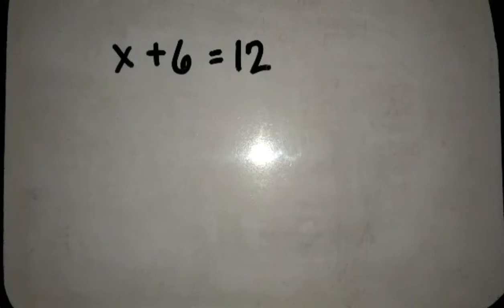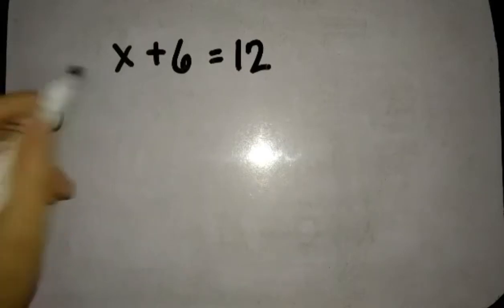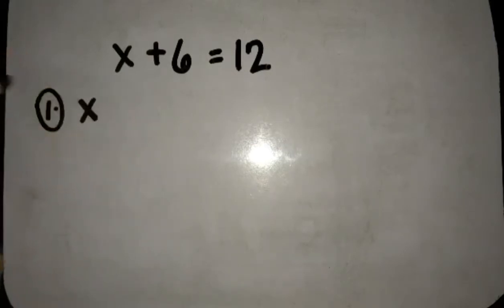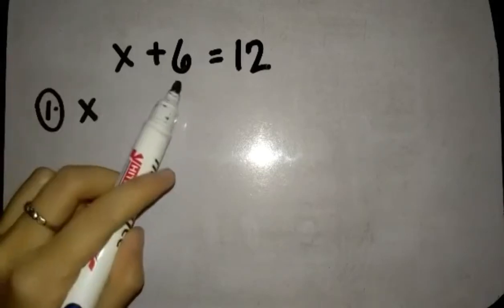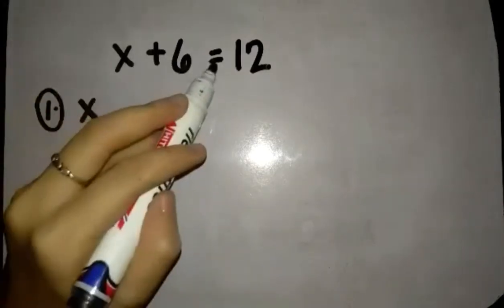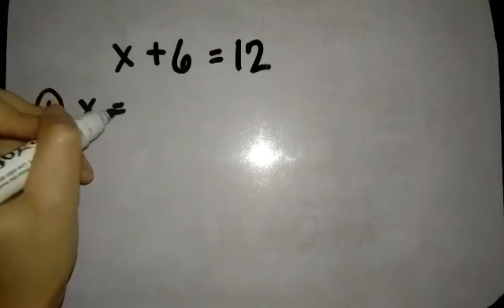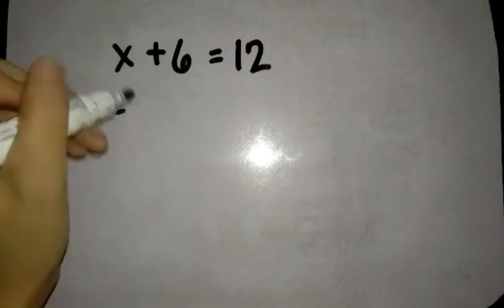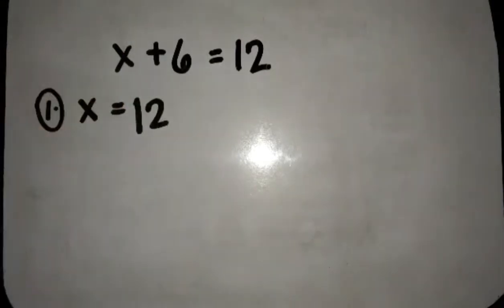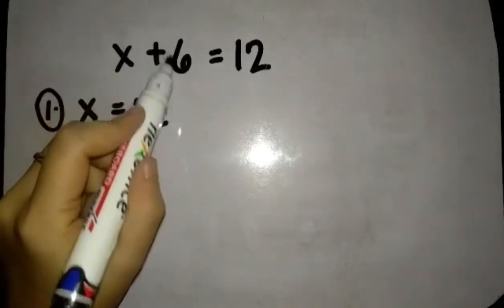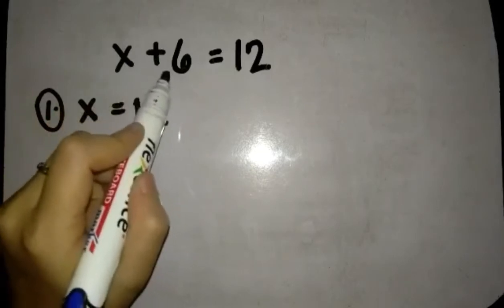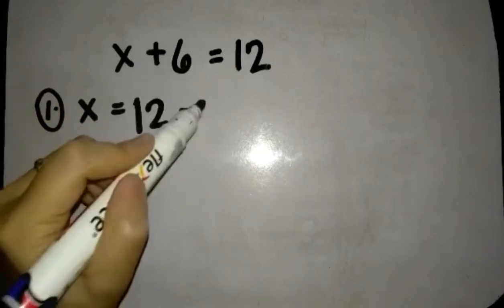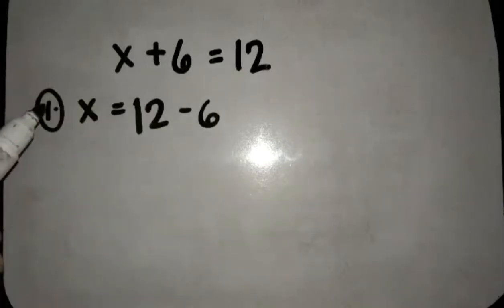Example, x plus 6 is equal to 12. First, we will just copy the x since x is already on the left side. And since x is the only one variable, we will just copy the 12 and positive 6 on the left side will become negative 6.